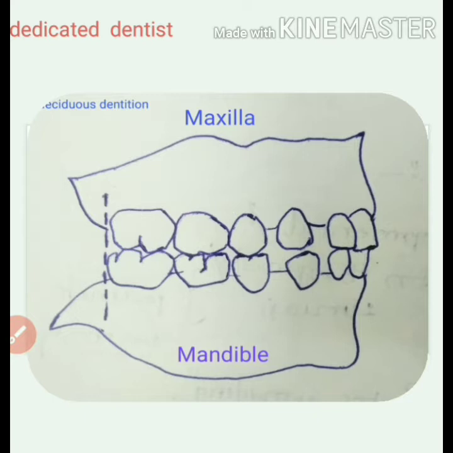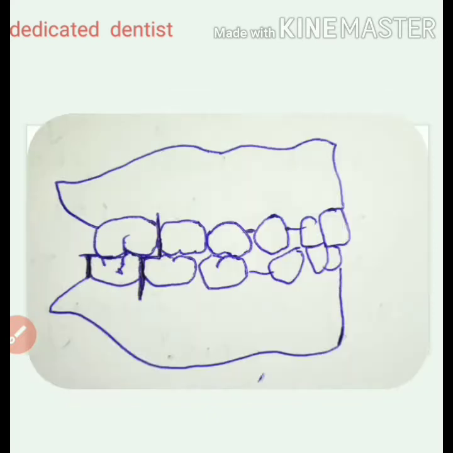Now, not all dentition will have this flush terminal or vertical terminal relation. We also have a distal step. You see how the lower deciduous second molar is placed distal. Its distal surface, you see how it is distal as compared to the upper tooth. So this is a distal step.